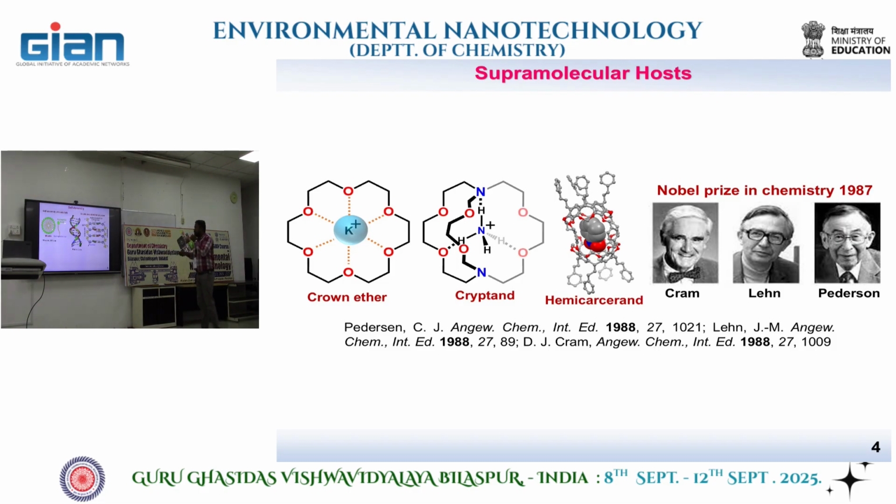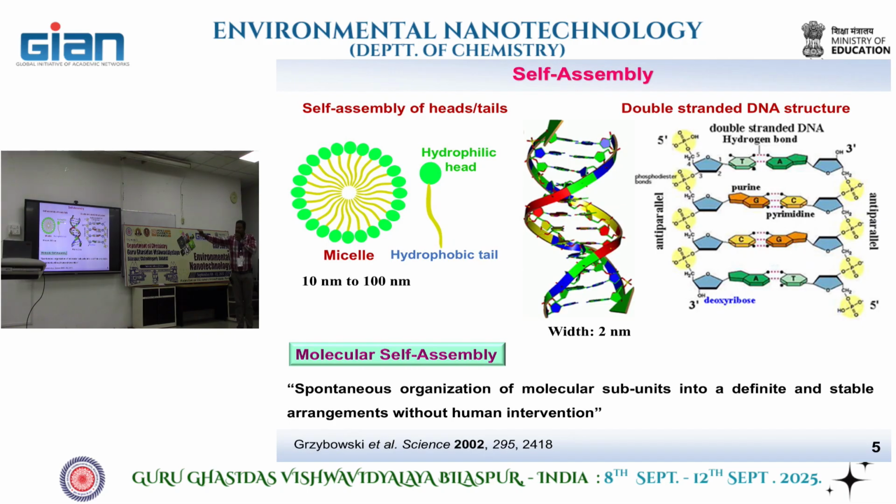So next, how to synthesize these molecules. One of the most common processes is called self-assembly. Self-assembly means the molecular units automatically reorganize to give a symmetric structure. For example, take my cell. The cell-forming unit has a hydrophobic and a hydrophilic part.